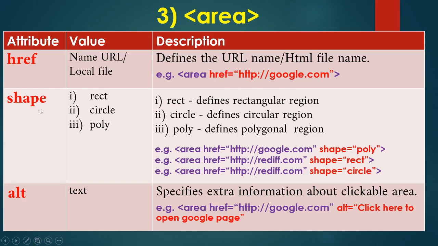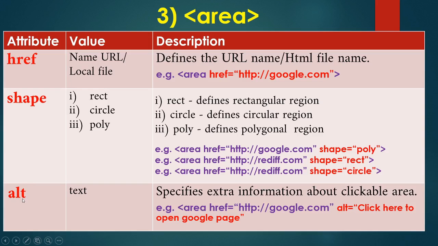Then the next attribute, the shape attribute, having three different values: rect for rectangle, circle for circular, and poly for polygon. These are the three values, and here are examples. Area href, which we have seen, then shape is equal to poly, rect or circle.